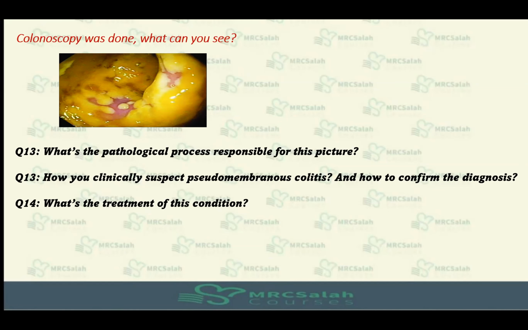How do they cause it? By secretion of toxins, called toxin A and B, secreted by Clostridium. Yes, great. Toxins cause inflammation, especially in the large intestine, leading to increased vascular permeability and pseudomembrane formation.